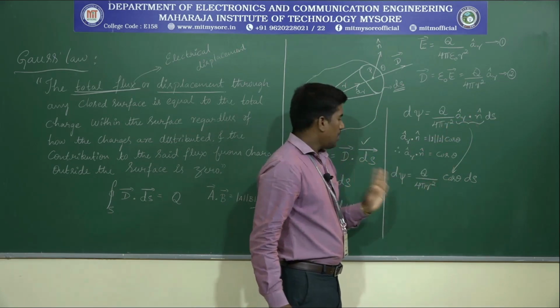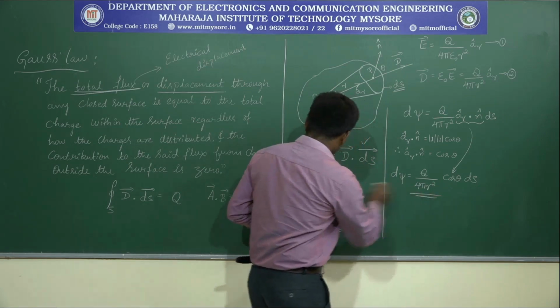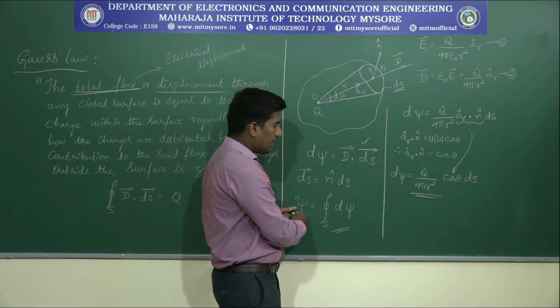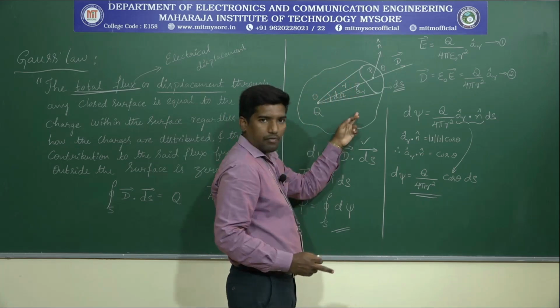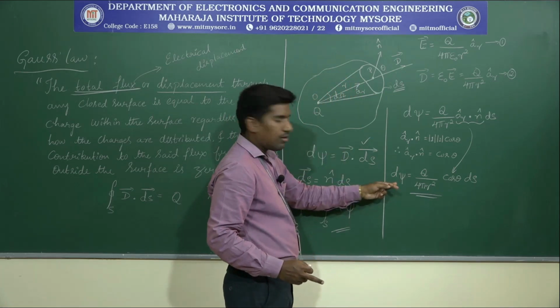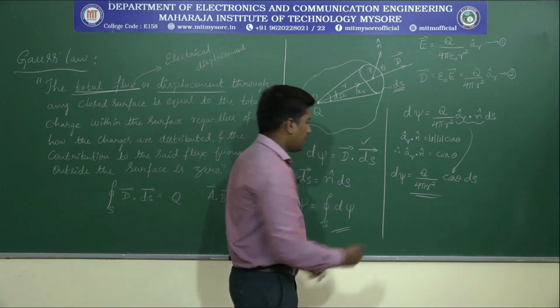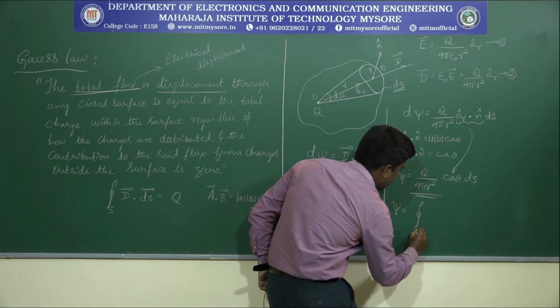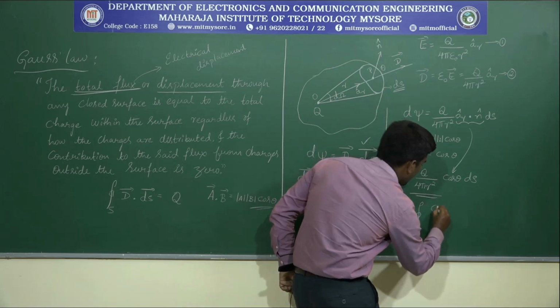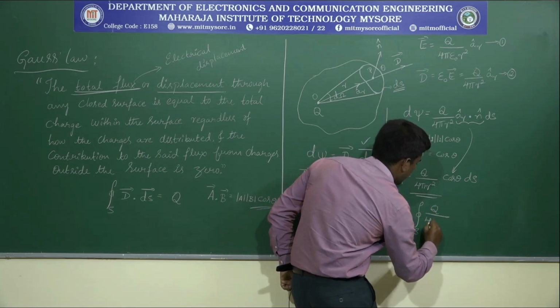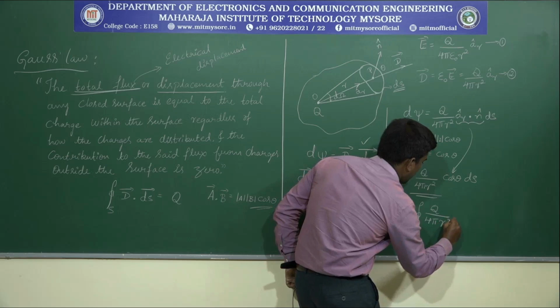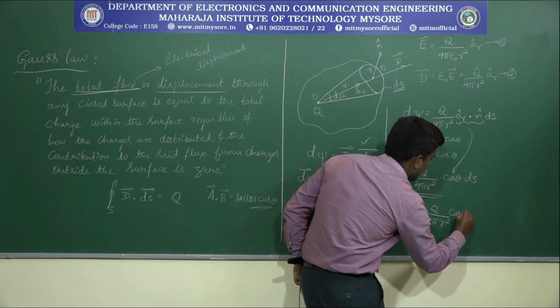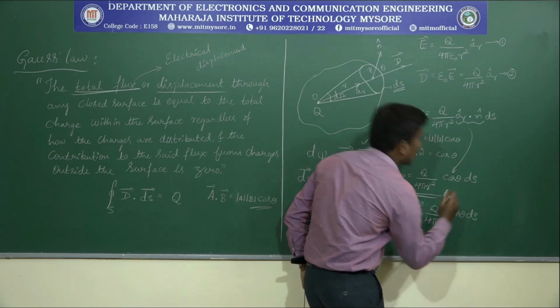So cos theta. Now in order to obtain psi, we need to integrate within this closed surface. We need to integrate all the d psi components. Therefore psi is equal to surface integral of Q divided by 4 pi r square into cos theta into ds.